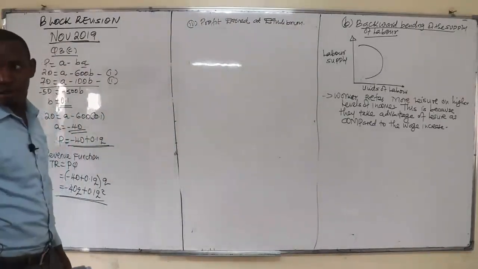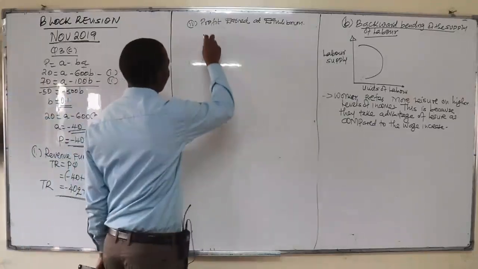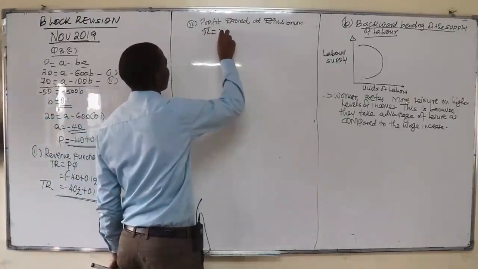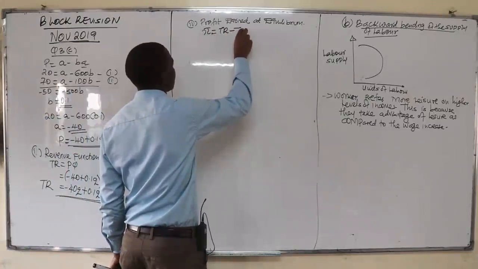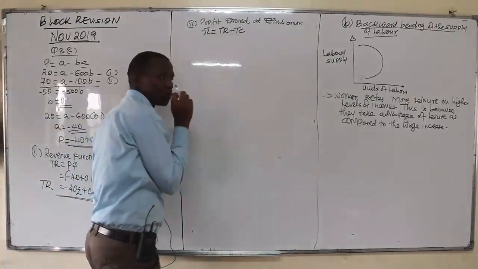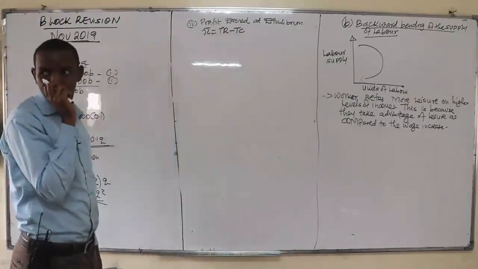So how do we get the profits? Total revenue minus total cost. Are we together?